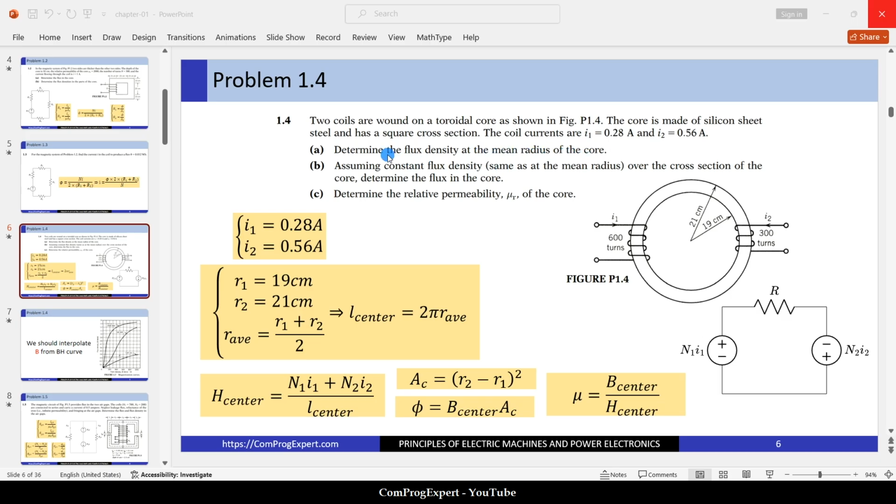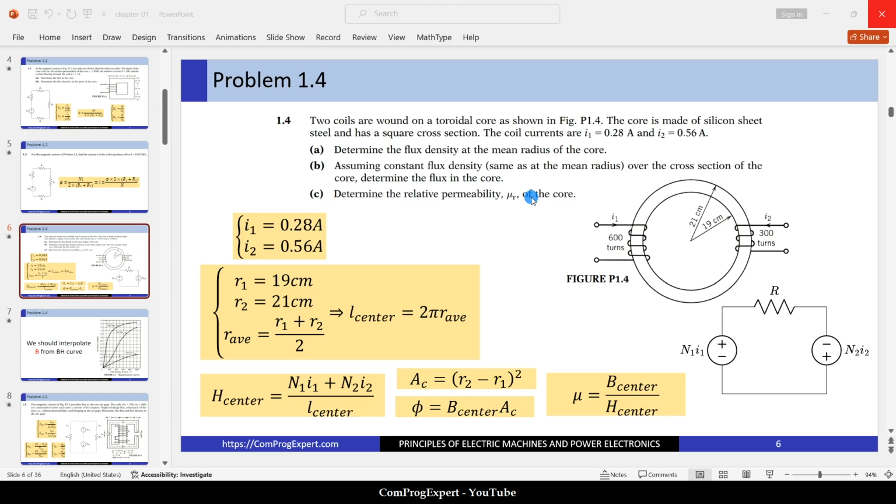B. At the mean radius, assuming constant flux density, same as the mean radius over the cross section of the core, determine the flux in the core. Okay, again we have an important assumption. C. Determine the relative permeability mu r of the core.